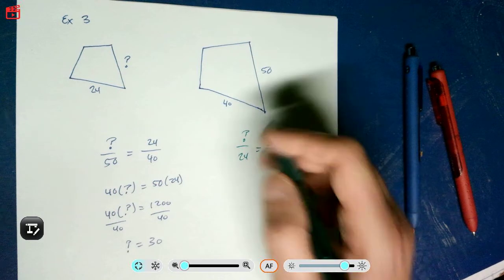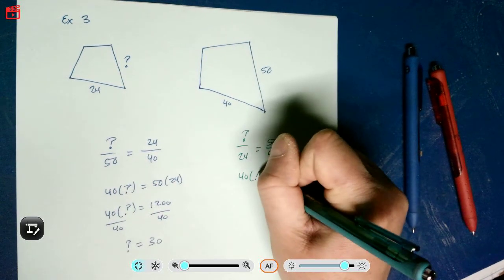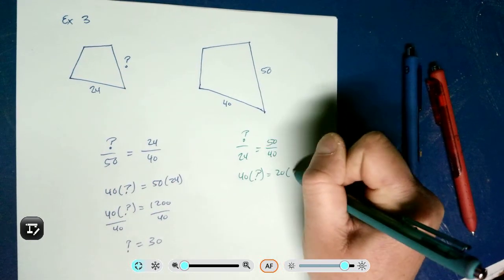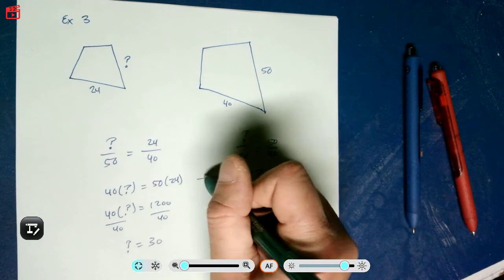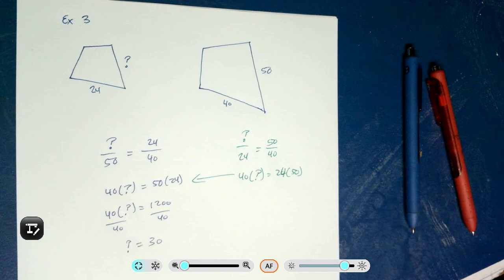And once again, when we cross multiply, I get exactly what I got there. And so if I go through and solve it, I'll get 30 for the unknown. Either way, you could use it. Just use the one that makes sense to you to help keep you organized.